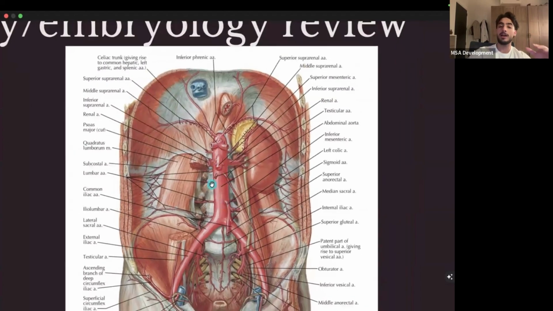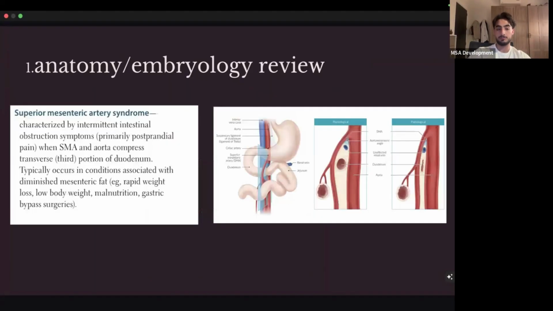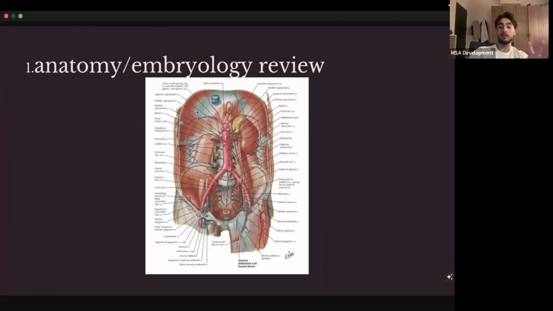Okay, and if you could imagine, what structure do you think would be immediately inferior and passing right under the origin of the superior mesenteric artery? Well, that would be the duodenum. Okay. And this angle that's keeping the superior mesenteric artery away from the duodenum is basically held in place by mesenteric fat.